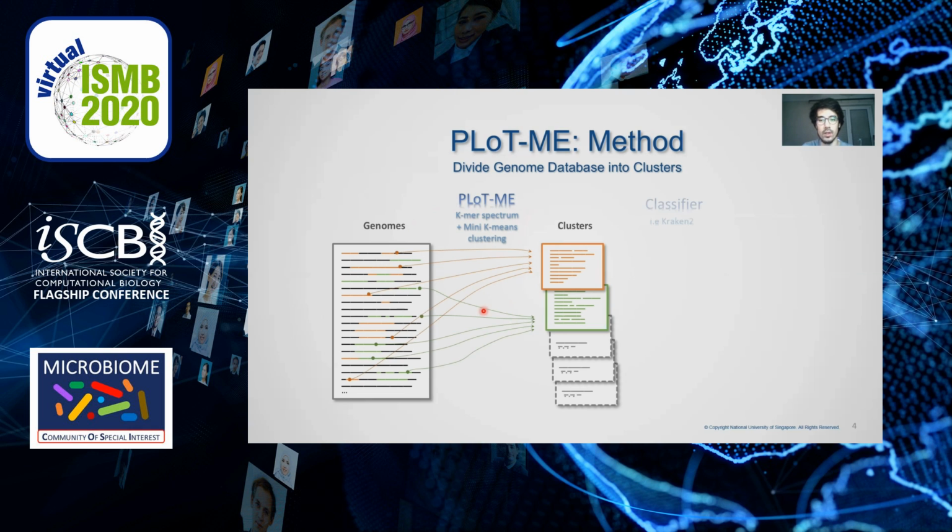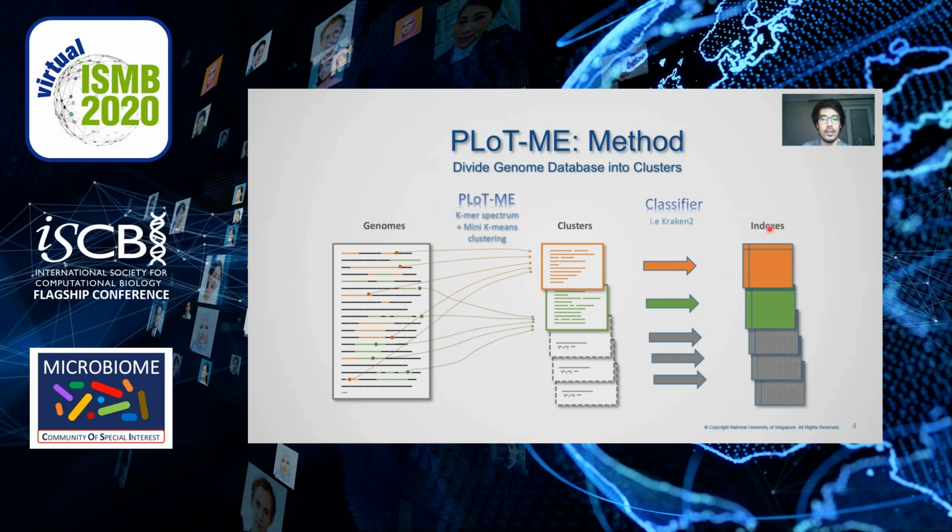Then once this is done, we use existing classifiers to build their indexes. So each index is built on a subset of the entire database. So here we have our three parameters: S for the size of the segments, K for the k-mers, and B for the number of bins. So that allows us to have much smaller indexes at once.